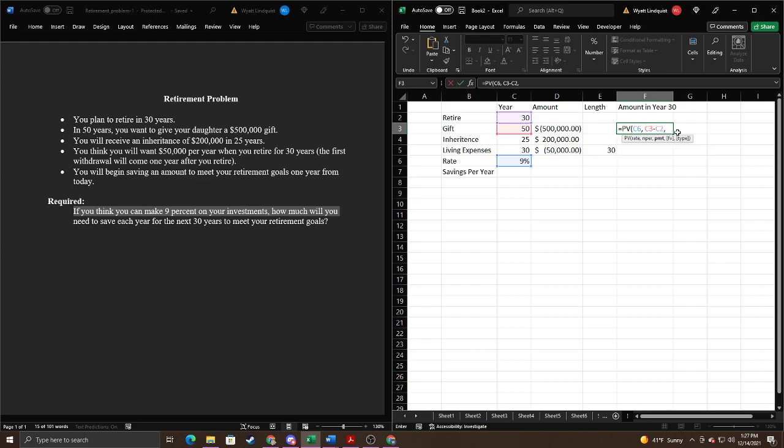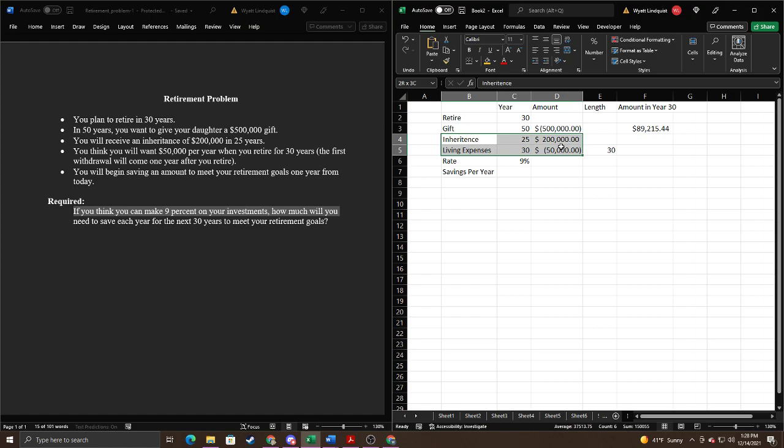Then we have a payment of 0, but the future value is 500,000. So the amount we need in year 30 in our savings account in order to make this gift is going to be $89,215 and some change.